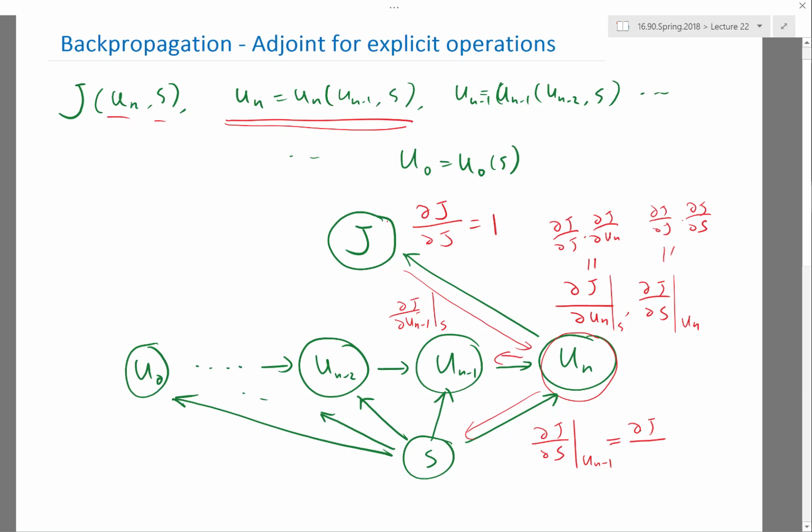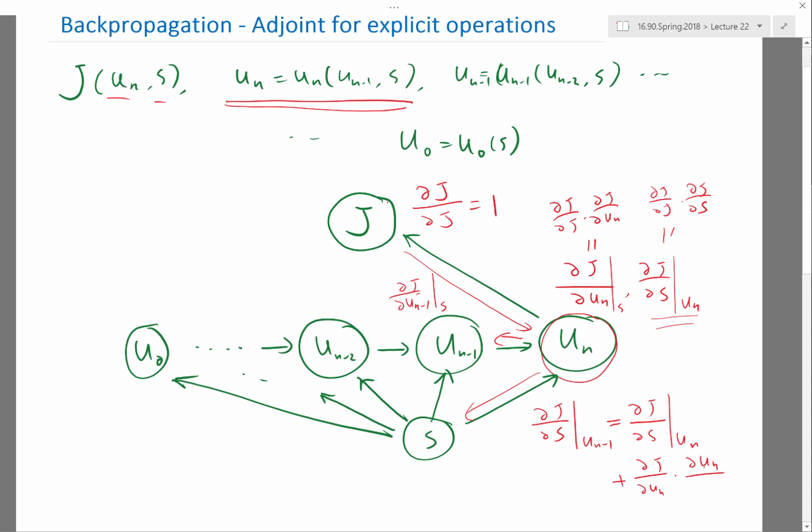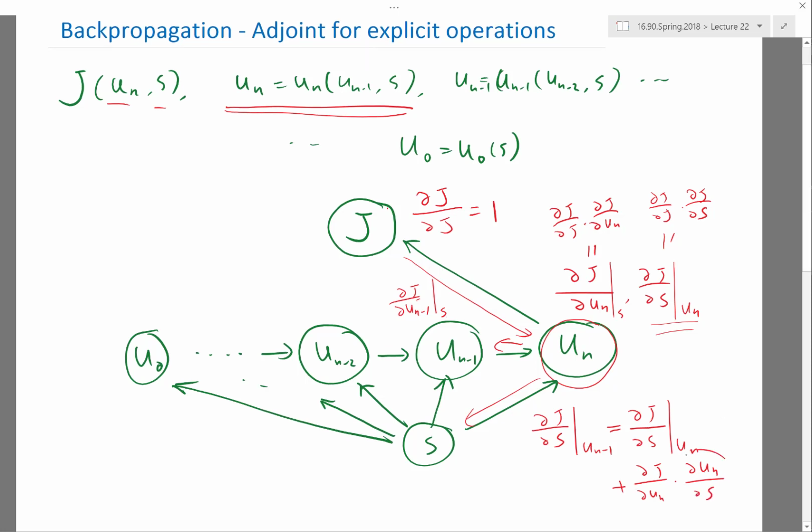Now the application of the chain rule is a little bit more complex. The first part is from here. This is dj ds assuming un is constant, plus the new contribution dj dun times dun ds, where dun ds is the partial derivative of the second last operation.